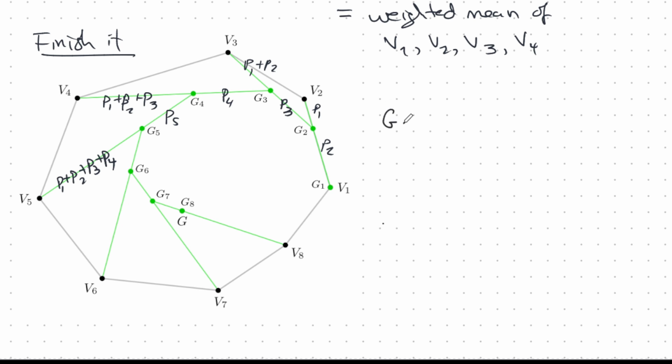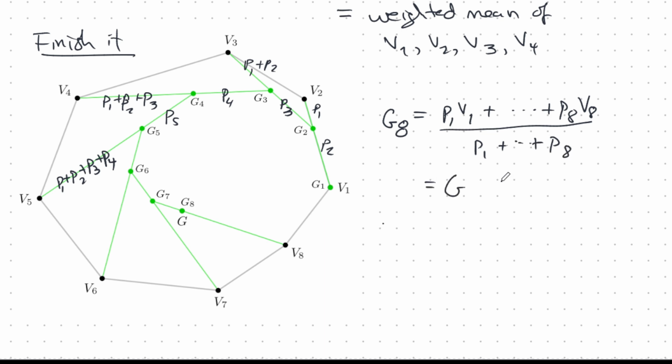And if we continue this, G8 will be P1 V1 plus all the way up to P8 V8 over P1 plus all the way up to P8. And this is G. This is the weighted mean of all vertices.